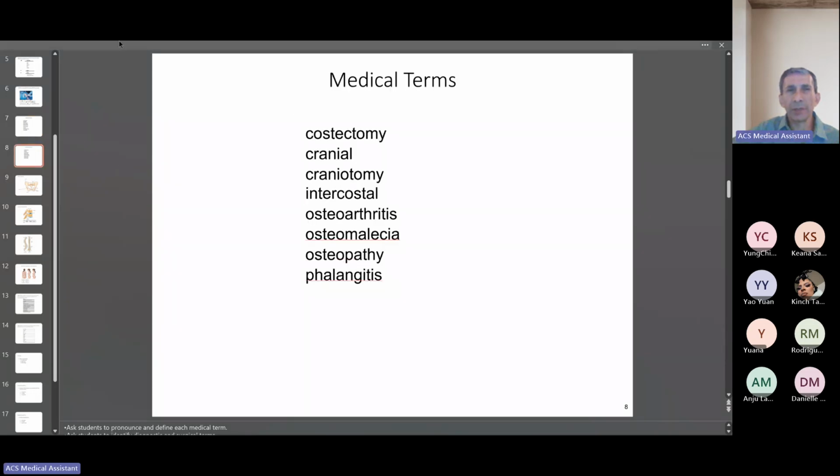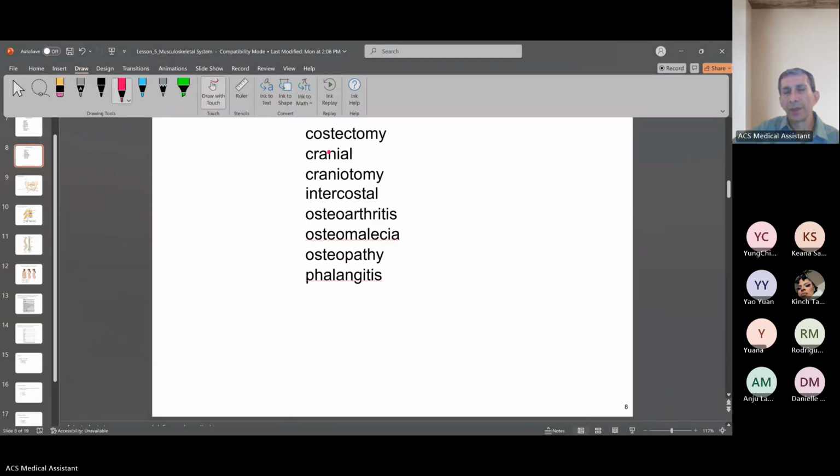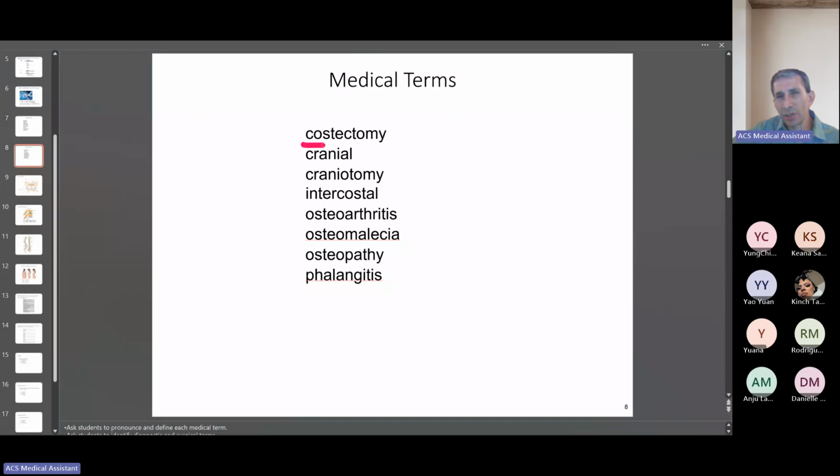Let's continue with medical terms. Costectomy. Ectomy is the suffix. Cost is the word root. What is ectomy? Surgical removal. Surgical removal of what? Cost means ribs.